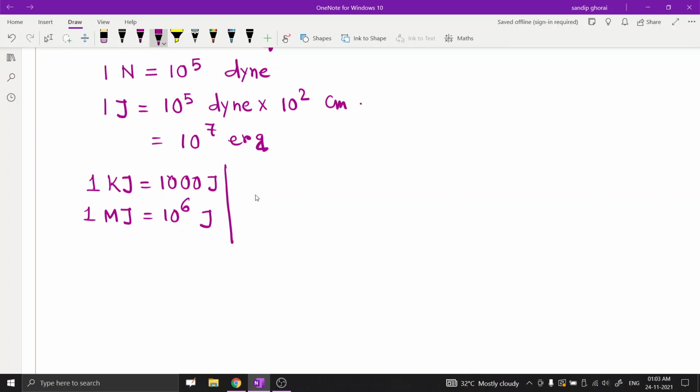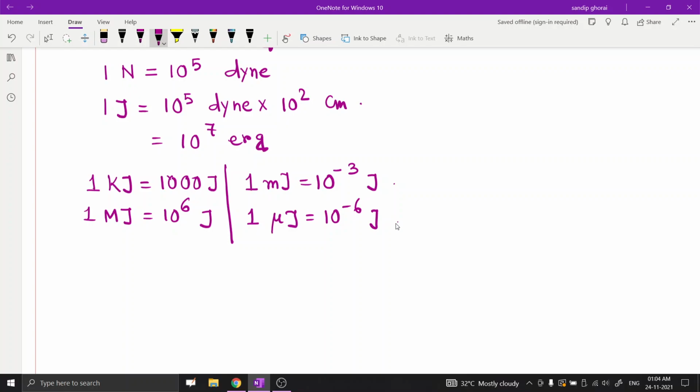If we take 1 millijoule, that is equal to 10 to the power minus 3 joule. Or if we take 1 microjoule, then this is equal to 10 to the power minus 6 joule.